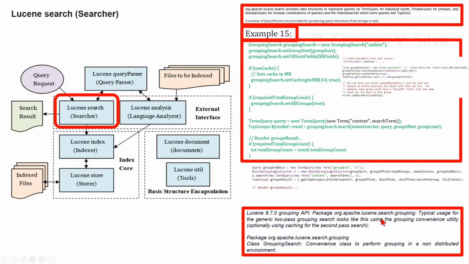Another collector is the all groups head collector that can be used to retrieve all most relevant documents per group. Set cache in MB. Require total group count.